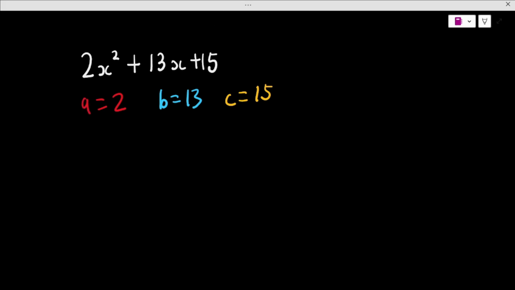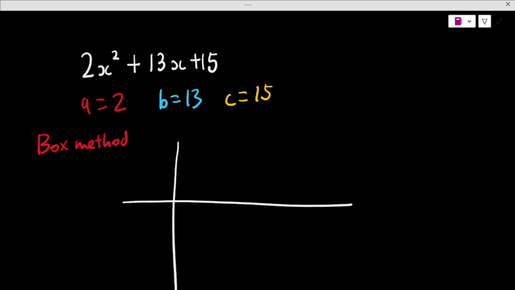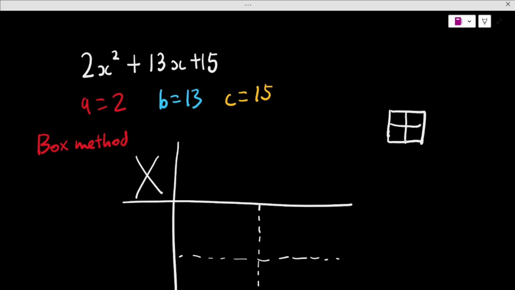The second method I call the box method. So go ahead and draw this box out, this table in a sense. We are going to remind ourselves that we are multiplying over here. You might also see that in some books, they'll tell you to just do this instead.